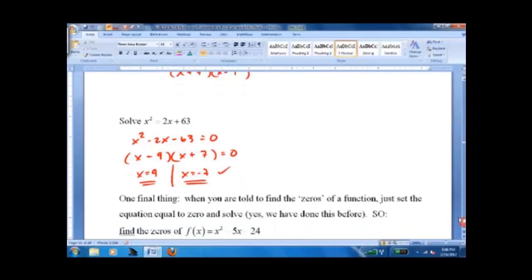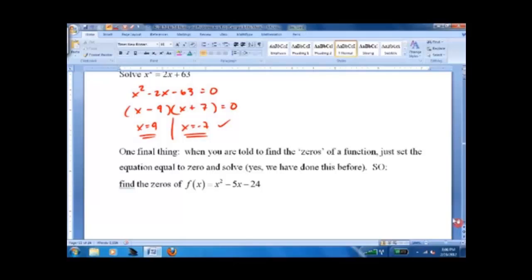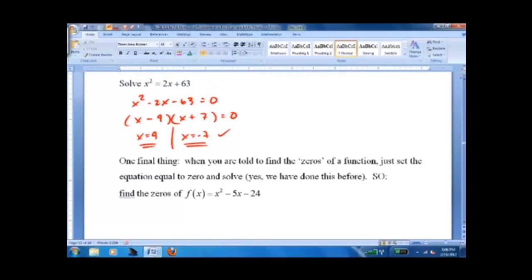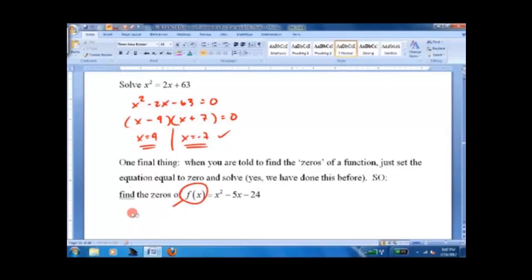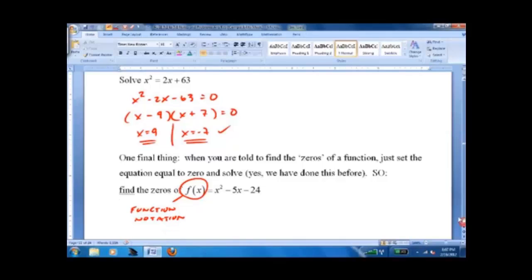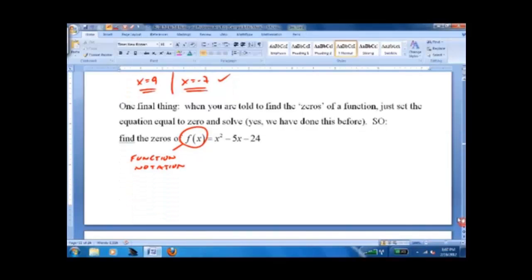Now, I hate doing this, throwing on a little extra thing just to mess with you. But be aware, they'll say, find the zeros of the function. Remember, this is what we call function notation. Instead of putting a y, we put f of x, and we're just saying that y is a function of x. Whatever I put in for x, some y pops out.